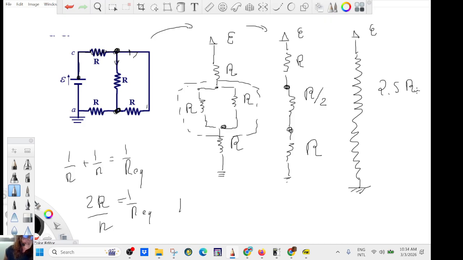It's 2, huh? Okay. It's already at the same denominator, so it's going to be 1 plus 1 over R.